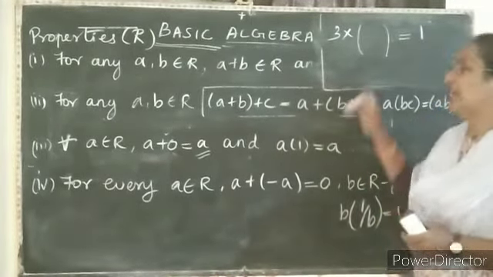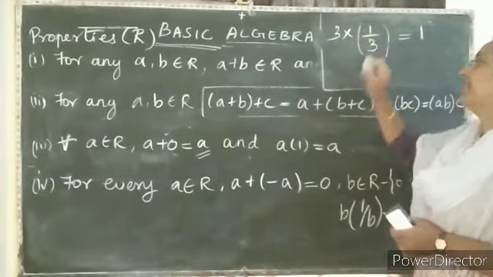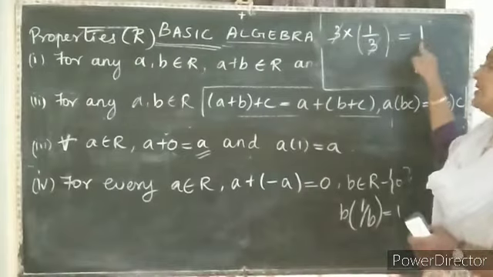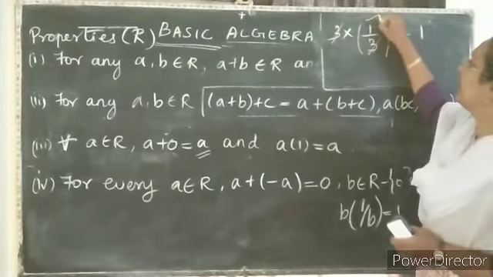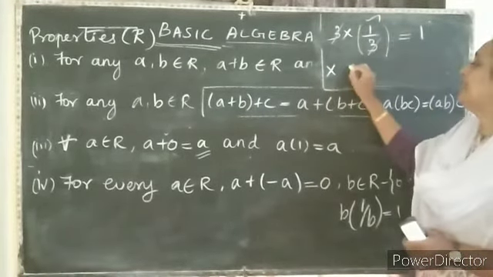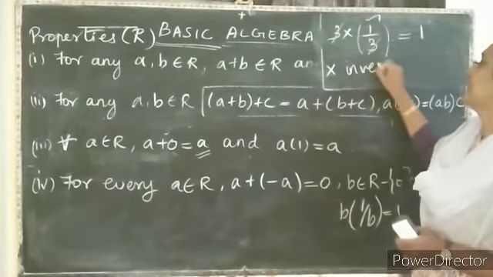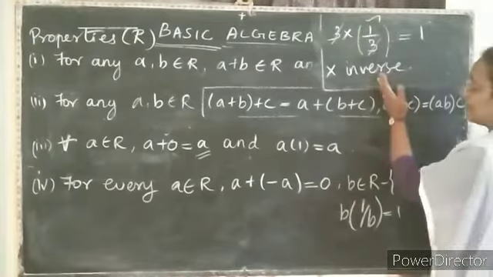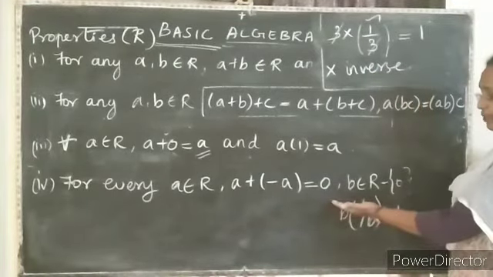Can you guess? Yes, very good. Now the answer is 1 by 3. So 3 and 3 is getting cancelled. The answer is 1. So this 1 by 3 is termed as multiplicative inverse.